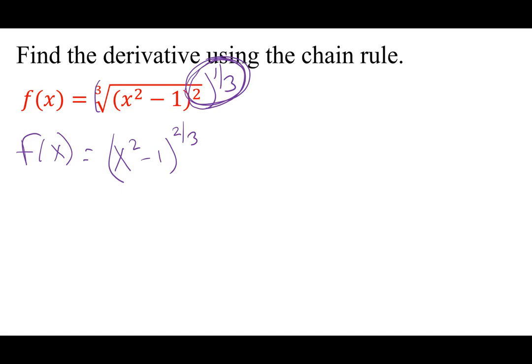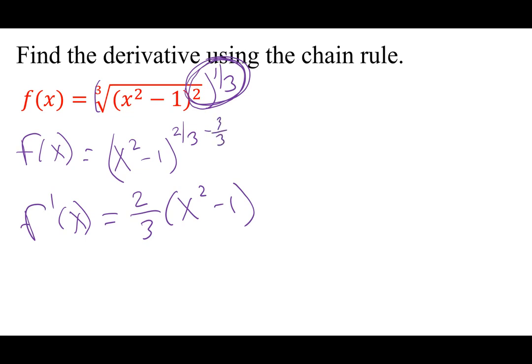Remember, the rewrite step is often the most important, which is what that was. And now go ahead and take the derivative. We have to call this f prime since dy dx wouldn't make sense. Bring down your 2/3. X squared minus 1 to the 1 less power. So 1 less would be minus 3/3.